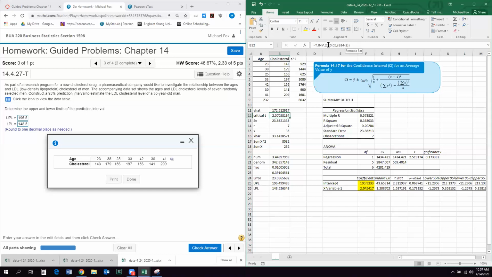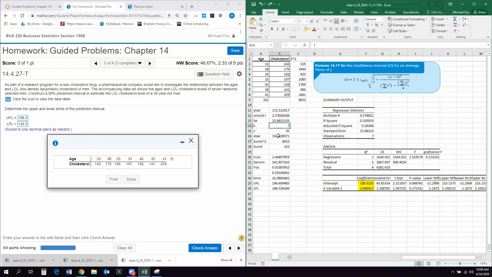Let me try it this way. Sometimes it'll do some stupid rounding if you carry out standard error, but that didn't change anything.